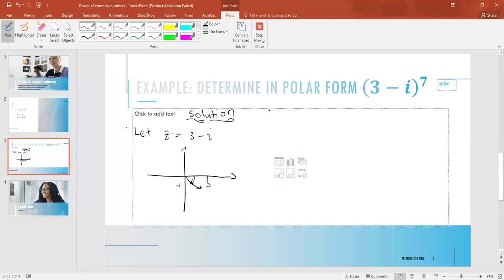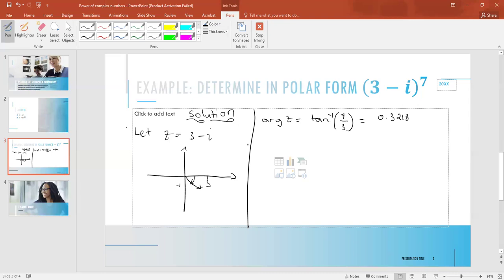So the first thing will be to find the argument. Remember, the argument is given by arctan of y over x. Our y is 1 here and our x is 3. Remember, we take the positive values and find the argument. This is going to give us 0.3218 radians.